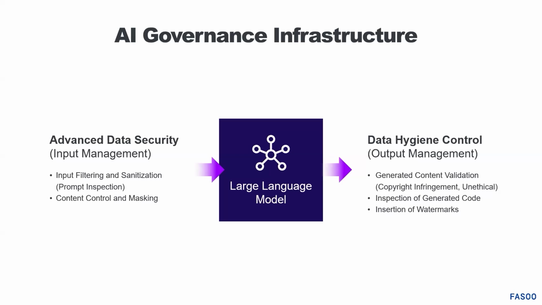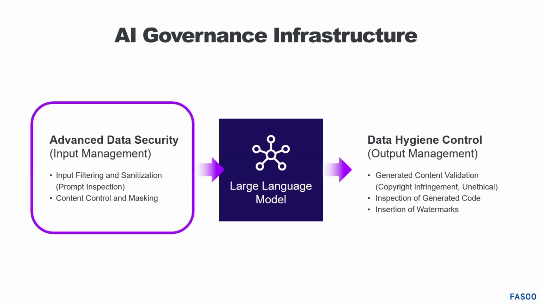So on the side of input, one of the things you want to focus on is filtering and inspecting what goes up into there. So one approach is to have a set of rules that as people go to these particular sites, like ChatGPT, for example, you can have filtering in there, and it will be able to either alert that user to a violation of policy, such as you're trying to put PII into the model, or in fact, it could block it completely.